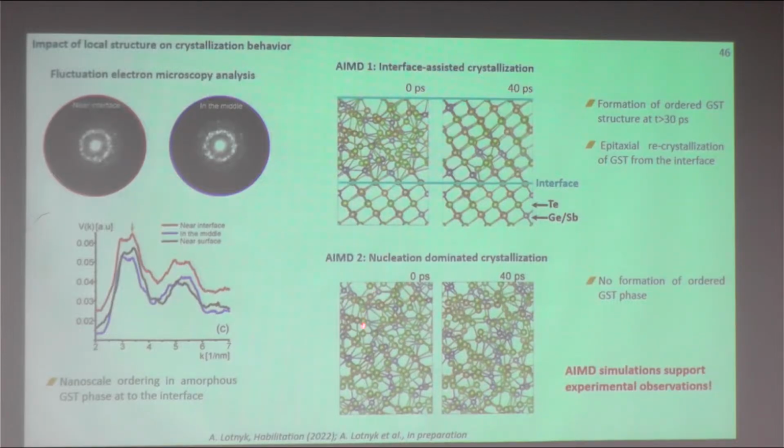But if you take the system without the crystalline interface, then after 40 picoseconds, the system is still in the amorphous state, and this requires more time for the crystallization. So again, simulation and experiment are in good agreement, and the nice thing here is that the epitaxial interfaces can speed up the crystallization.